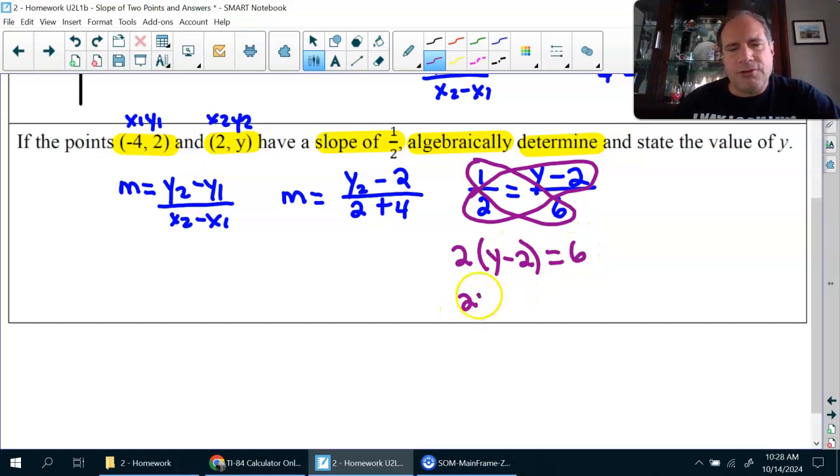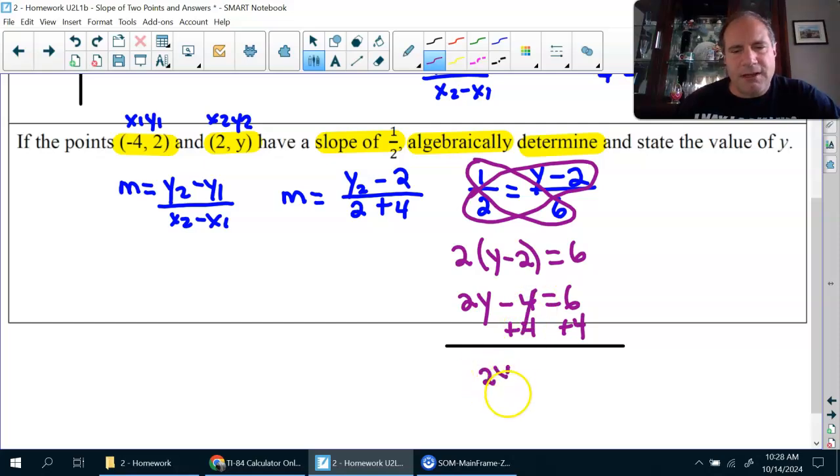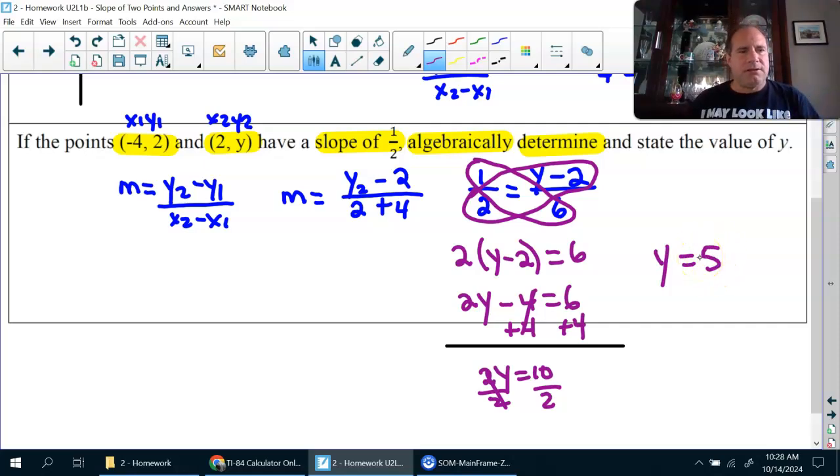So I'm just going to do distributive property. 2y minus 4 equals 6. And then you add 4 to both sides. You're adding 4 to both sides. And we're almost finished. Cancel out the 4's, 2y comes down, equals 10, and then you divide by 2, and y is 5. And that is solving algebraically, right?